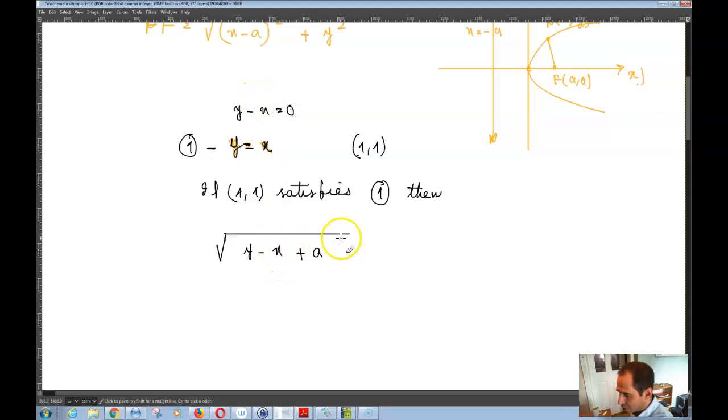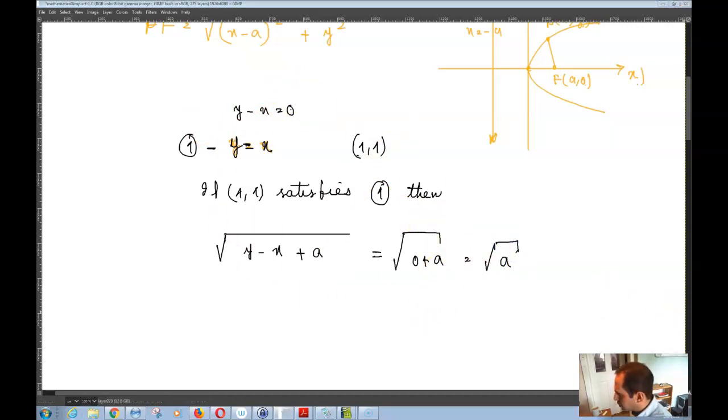So then I can simply, instead of the square root of y minus x plus a, if I do need to, write 0 plus a, because y minus x is equal to 0, and that's equal to the square root of a.